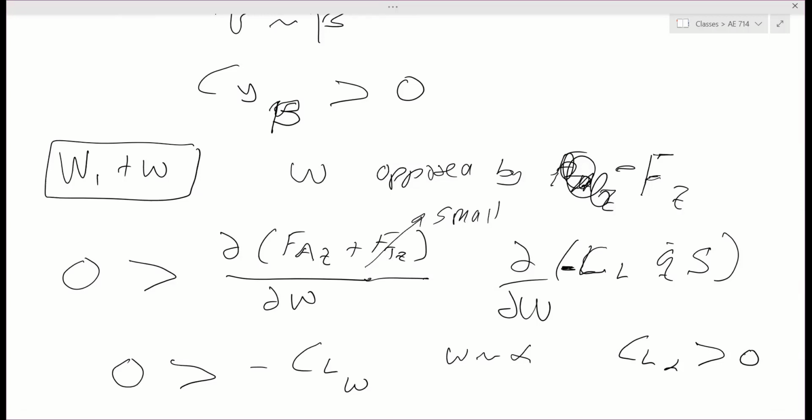All right, so the three stability criteria that come out of this are this. C_L alpha is greater than 0. Most airplanes, that's just normal, right? Your wing is designed so that if you increase the angle of attack, you get more lift. So almost all airplanes are good with respect to this, unless we're stalled.